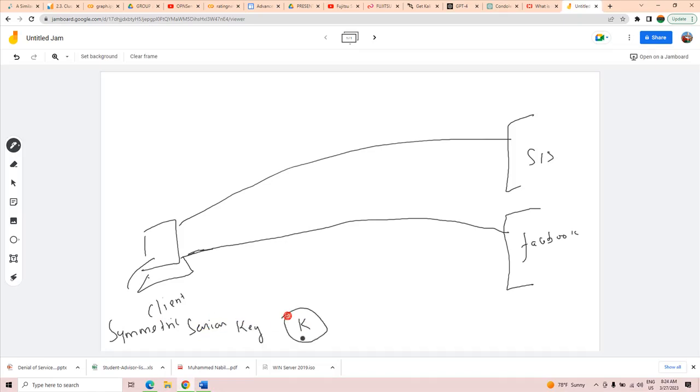Both share the same key, so that any message transmitted across the network between the client and the server is encrypted using the symmetric session key. This happens after the authentication is done.